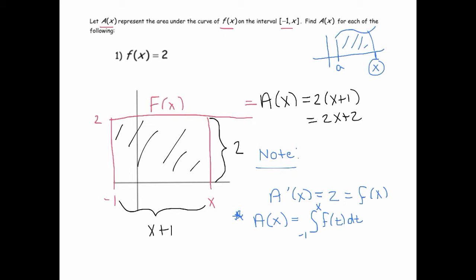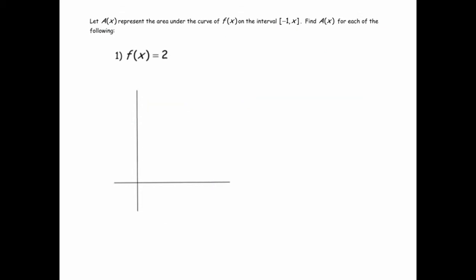And so what we've just said here is that A prime of x, which is just the derivative of A of x, or the derivative of its integral name, that's equal to 2. That's just equal to f of x. So stare at that for a while.